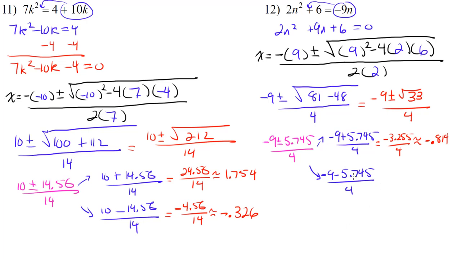And negative 9 minus 5.745 is negative 14.745 divided by 4, which is approximately negative 3.686.